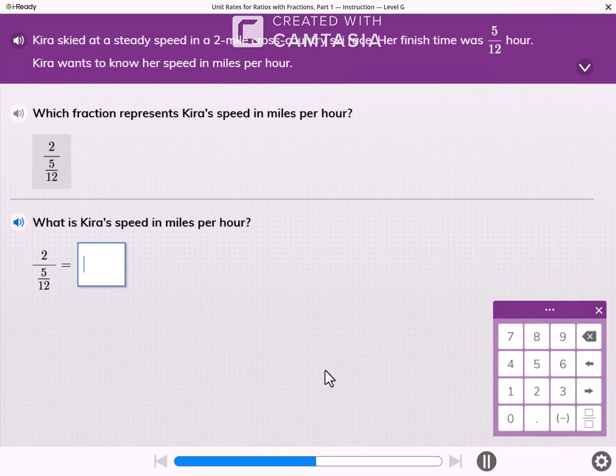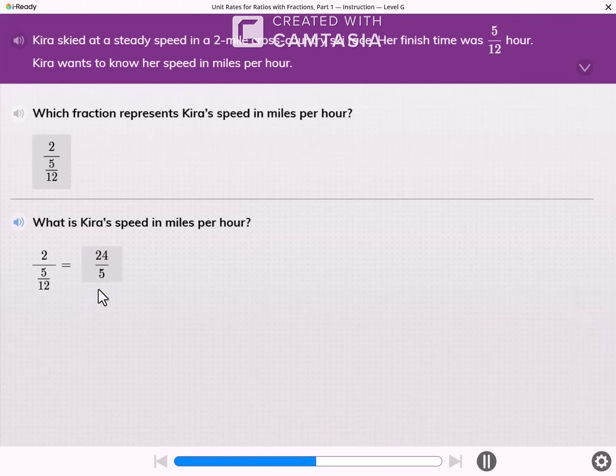That's 24 over 5, because 12 times 2 is 24. That's right. You can also use 4 4/5 to represent Kira's speed. Kira's speed is 4 4/5 miles per hour.